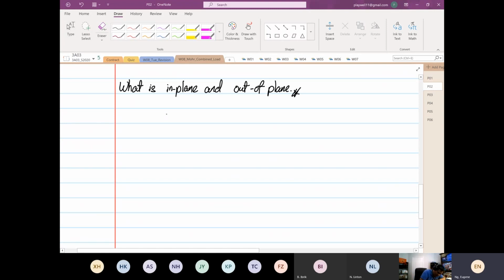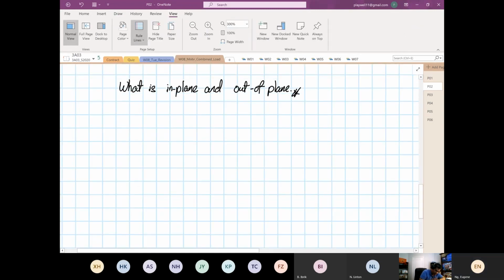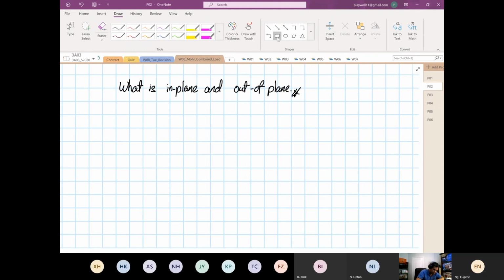So if we look at 3D, I'm going to draw 3D now. Okay, so this is our transformation. I'm going to draw our element first.